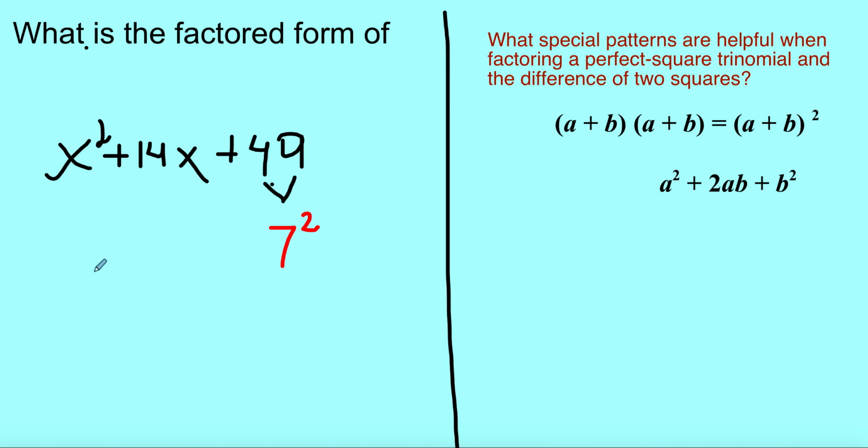Okay, and we bring down everything else as it is for now: x squared plus 14x plus 7 squared. So this is the first step.